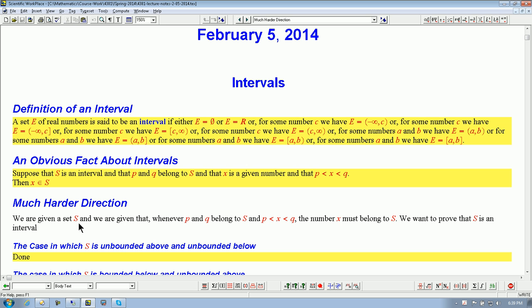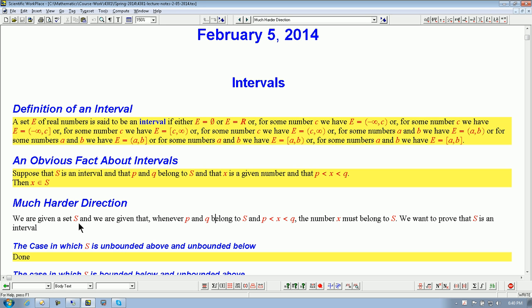When the set S is unbounded below and bounded above, well, it's non-empty. Bounded above, it's got a supremum. If you call the supremum C, then you can explain that the set S is the set of all numbers strictly less than C, or perhaps it's the set of numbers that are less than or equal to C. Those were the two cases.